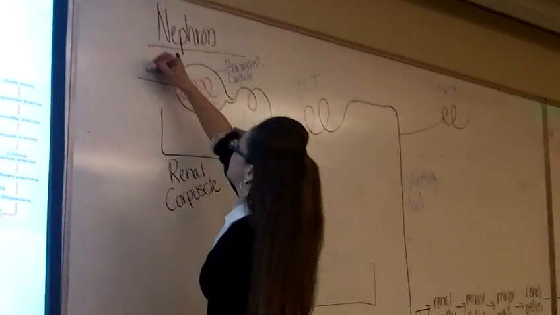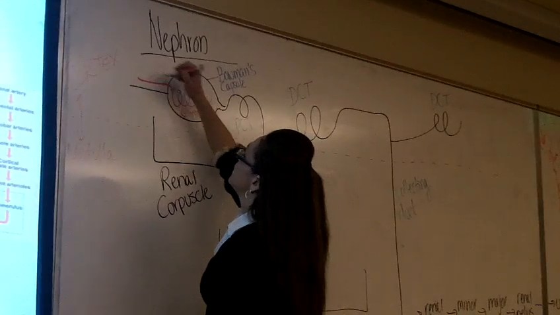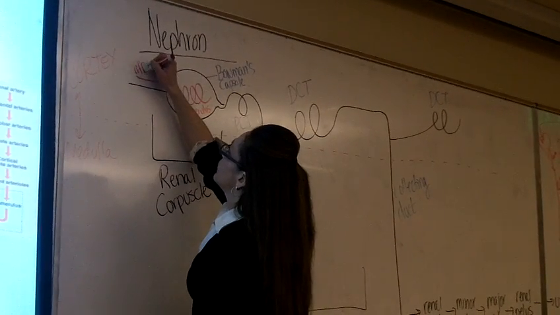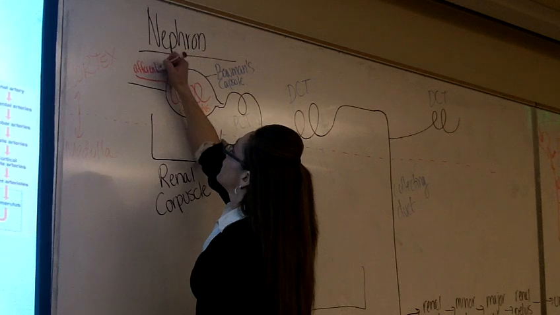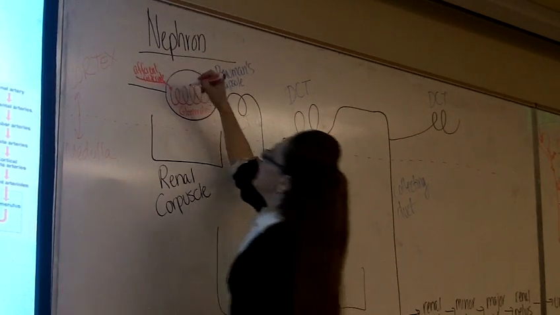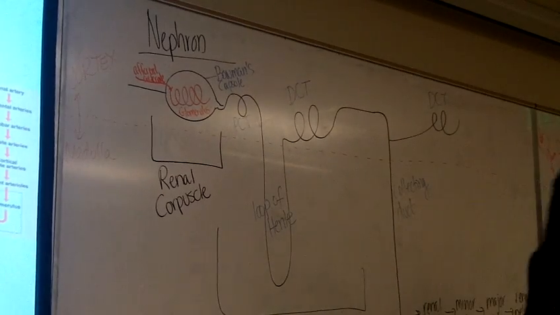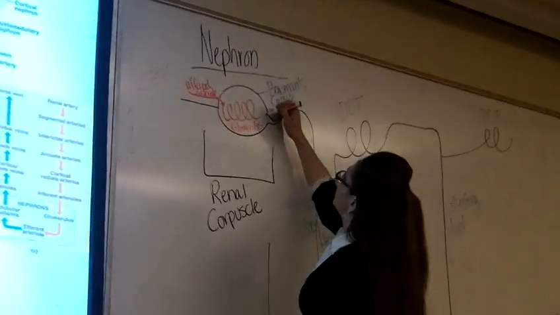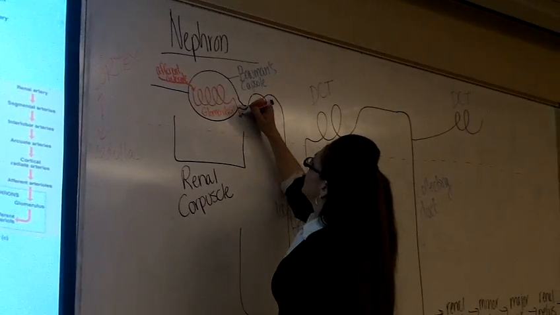So we better put an afferent arteriole in here. So this would be our afferent arteriole. And blood's going to leave the glomerulus through an efferent arteriole. So I'm just going to put the efferent arteriole right here.